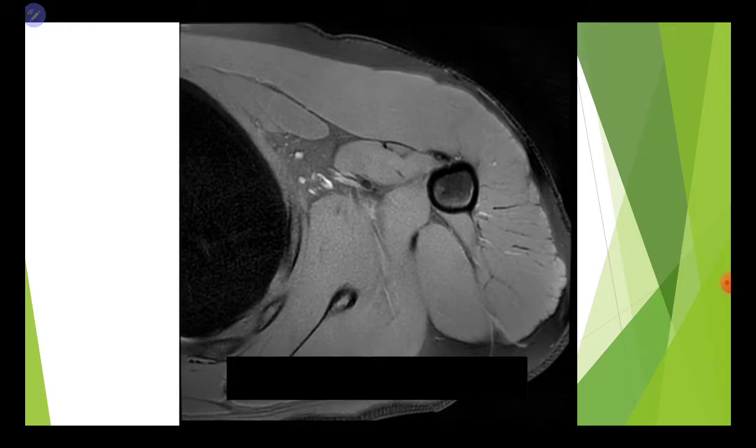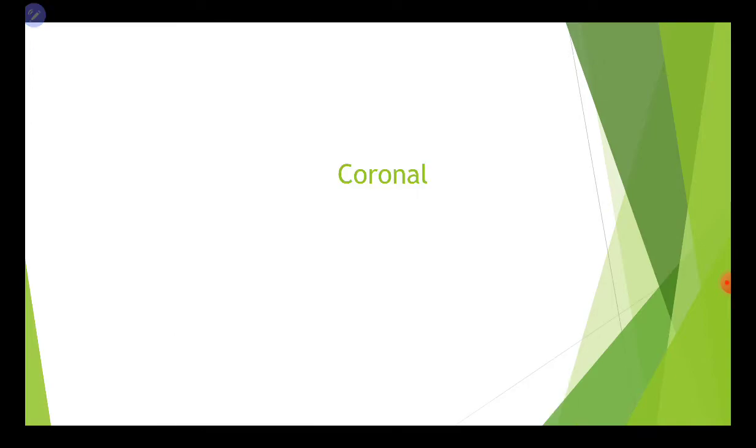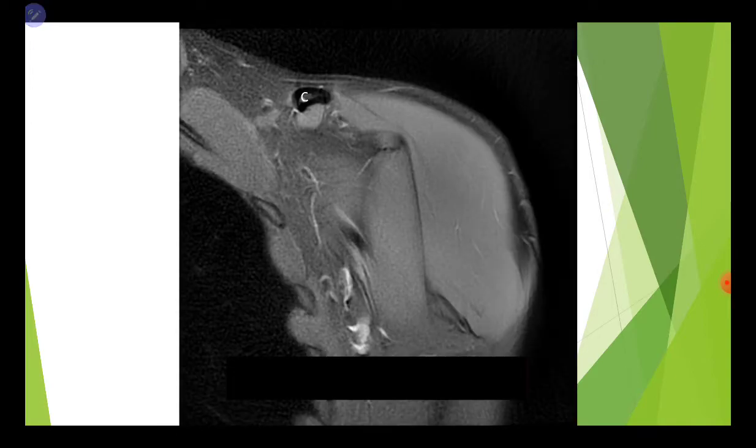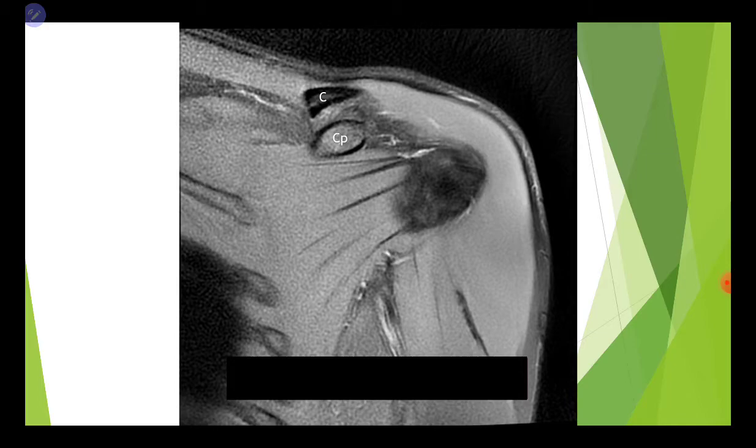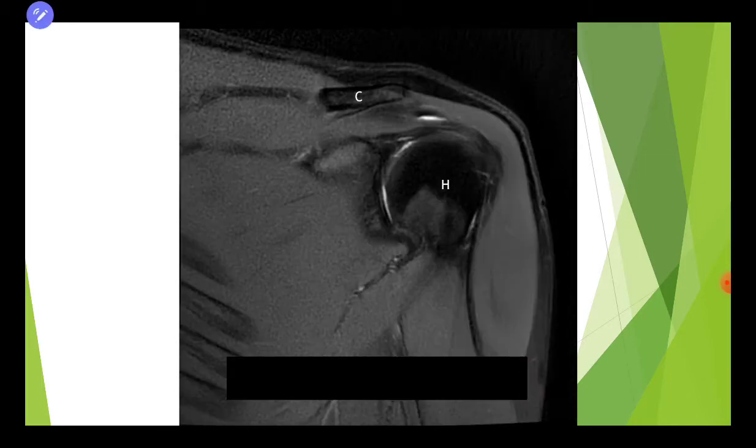Now let's see the coronal plane. Starting from the anterior most section, we can see this is a part of clavicle which is seen here. Now we can see the coracoid process. As we are moving posteriorly, we can see the head of humerus is seen now, and this is the glenoid.